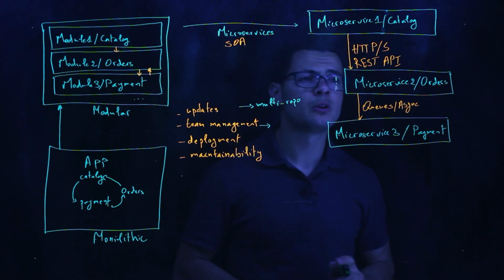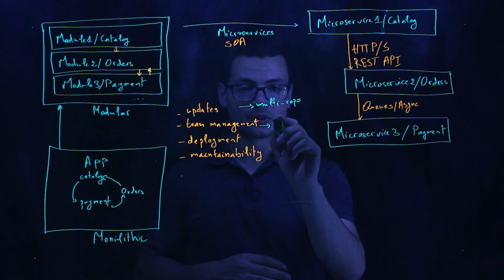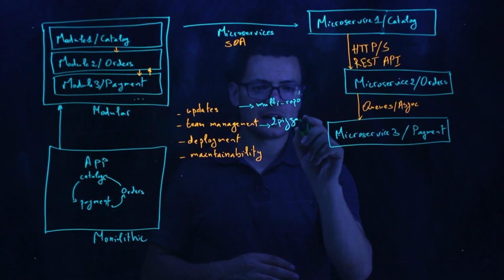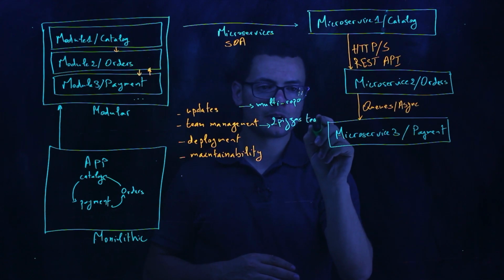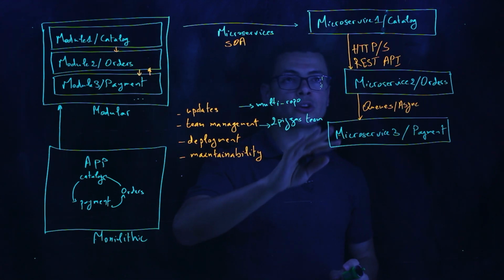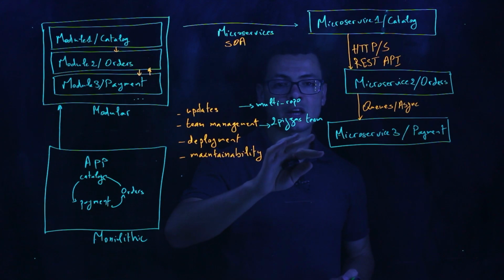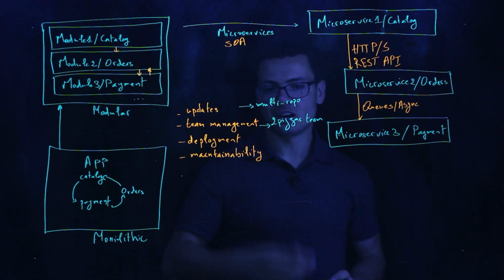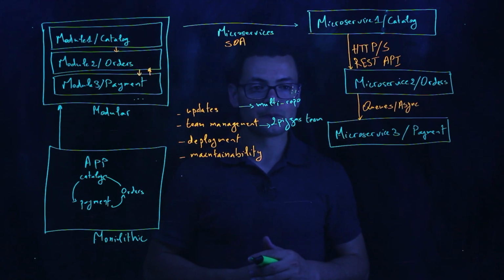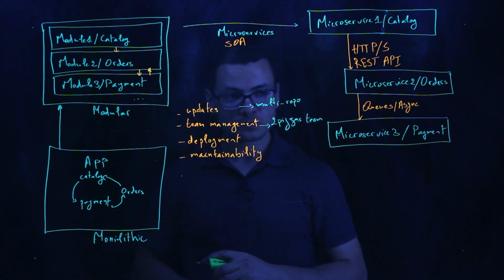And here we are talking about the two-pizza team. This was invented by Amazon to say that a team working on a microservice should not be bigger than a team that could eat two pizzas. So that means a team of maybe 8 or 10 developers.